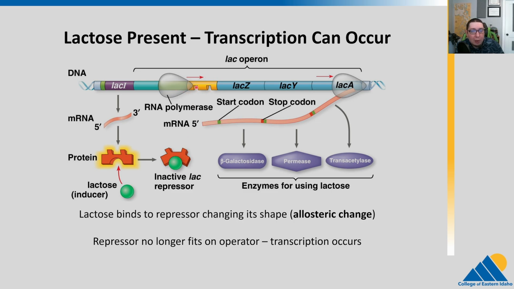That allows RNA polymerase to come in and transcribe the genes, and then they can get translated into proteins. So this is changing the shape of the repressor, right? This is a little bit strange to think about, but removing a repressor is positive, right? It causes transcription to occur.